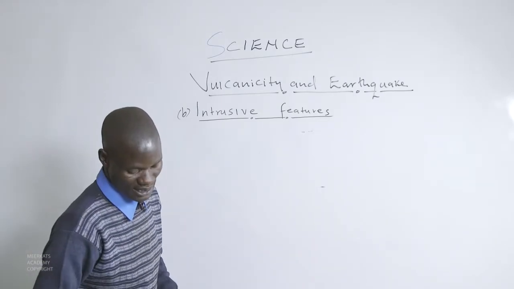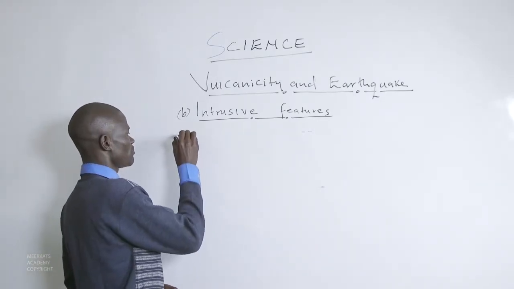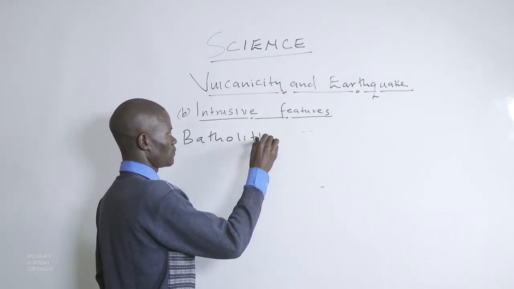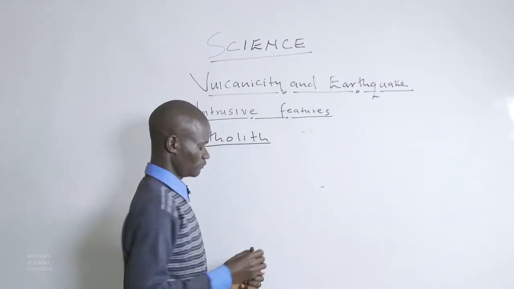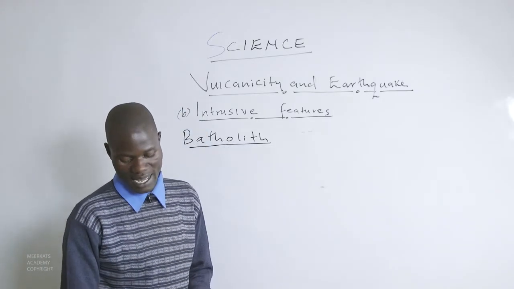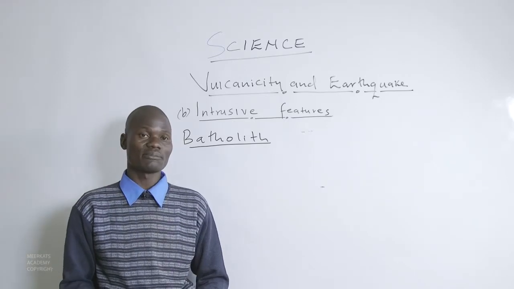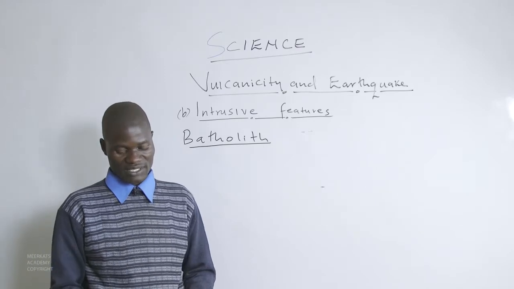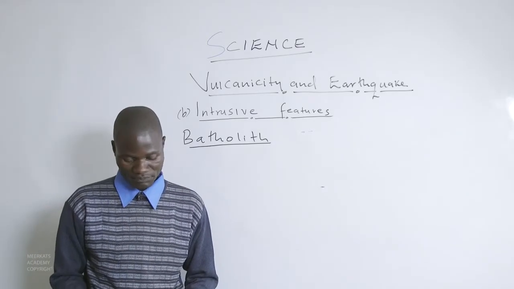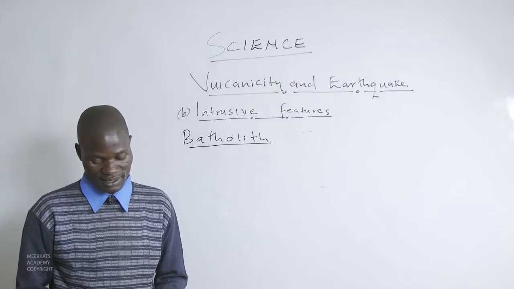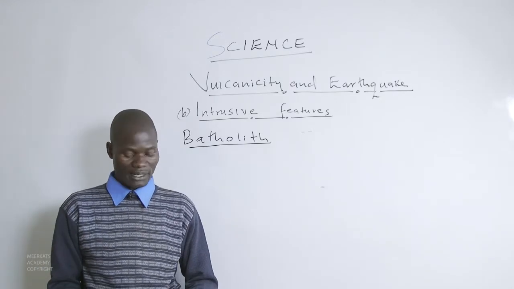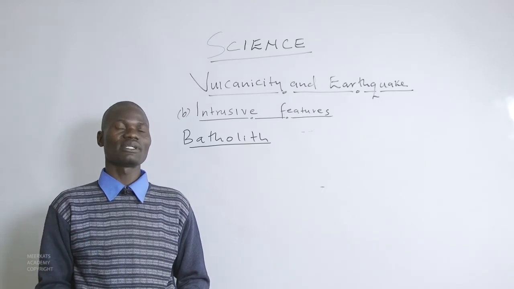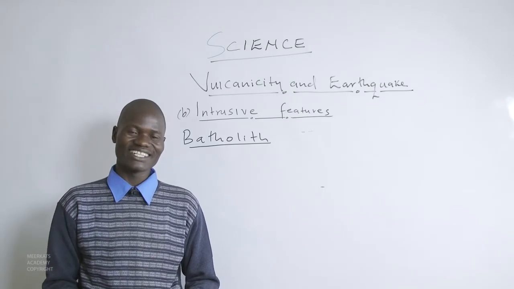We are going to look at a batholith and how a batholith is formed. Batholiths are large rock masses which have been formed due to the cooling down and solidification of the hot magma inside the earth, and they only appear on the surface after they have been exposed to denudation or weathering.